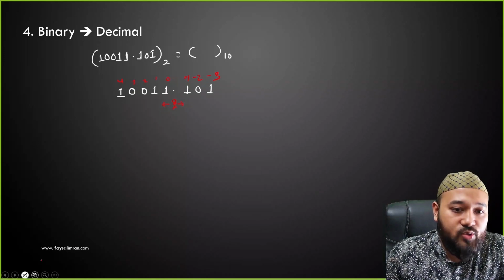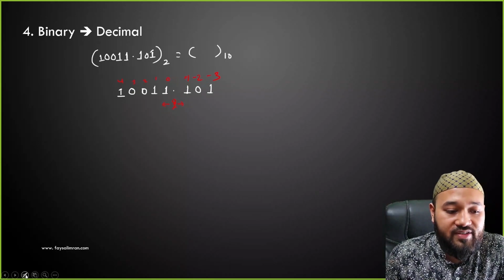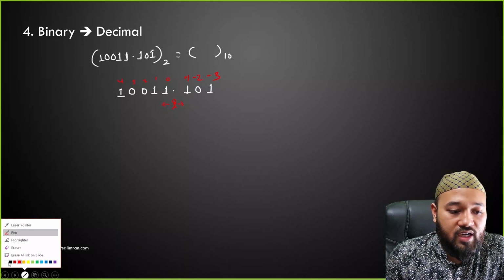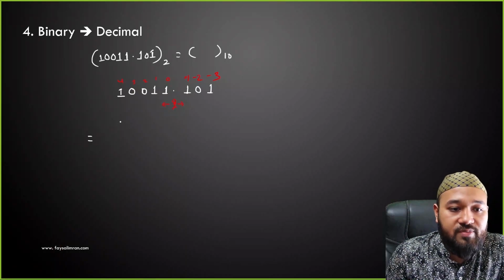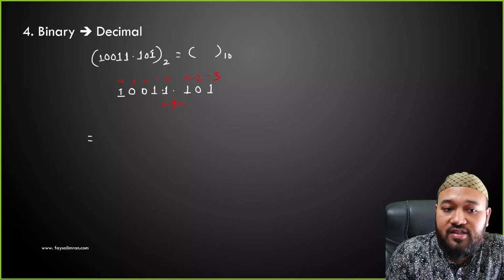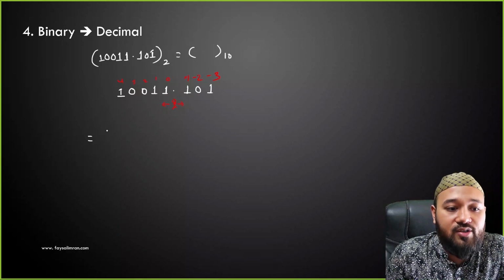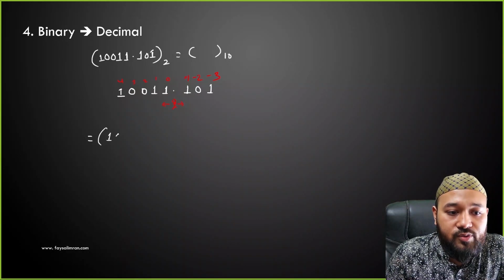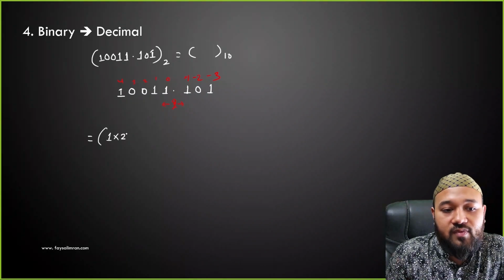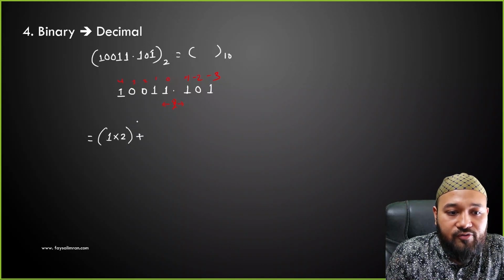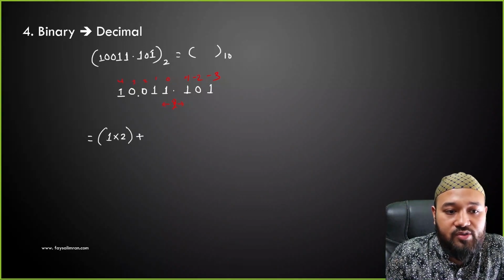So this is actually their position, their place. Now how can we do this math? This is a binary digit, that means this is a bit. So we have to multiply each by 2, that means multiply by the binary base.